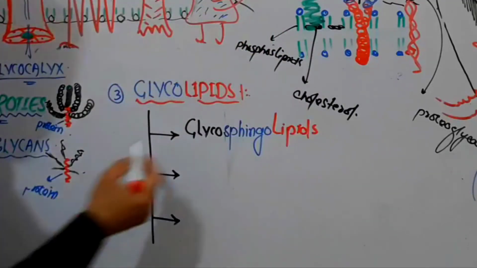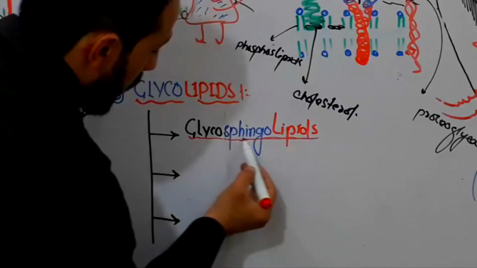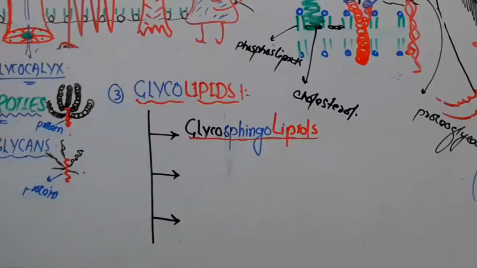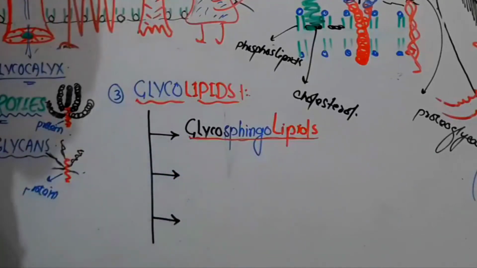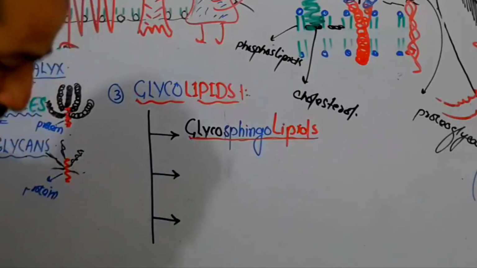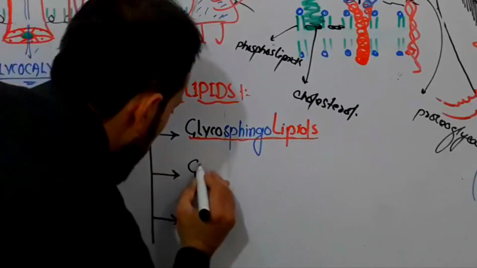So this is a type of glycolipid which is present in the cell membrane. Glycolipids may be glycosphingolipids, or they may be glycoglycerolipids.